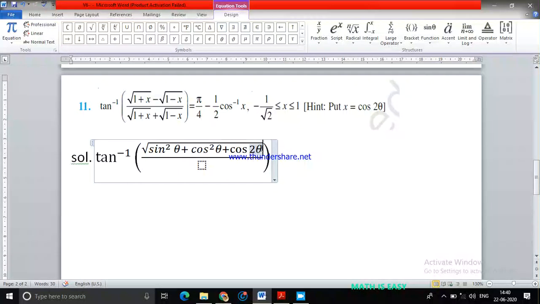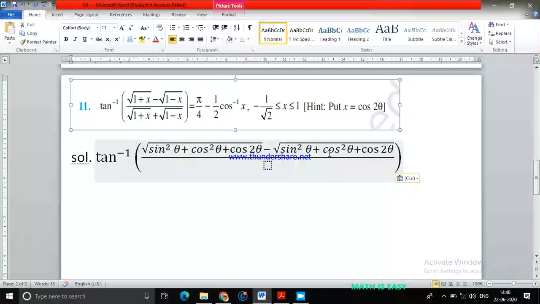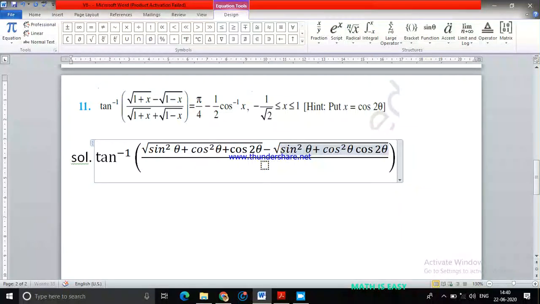Then it is going to be minus, under root, now again this is 1 minus x. Again in place of 1, I'll put sin square theta plus cos square theta, and here I have minus sign.